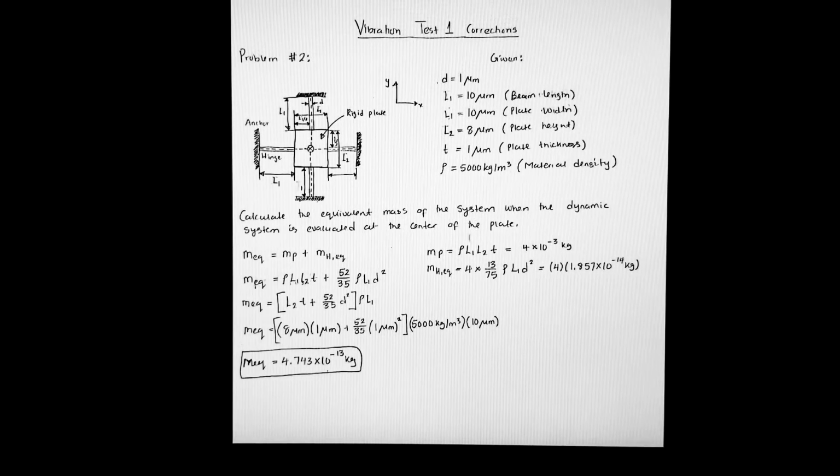This is our equation, simplifying what MP and MH equal to this solved out equation. Then we come back to the main equation and plug in all the known values we solved out here, giving us the final answer equals 4.743 times 10 to the power negative 3 kilograms.